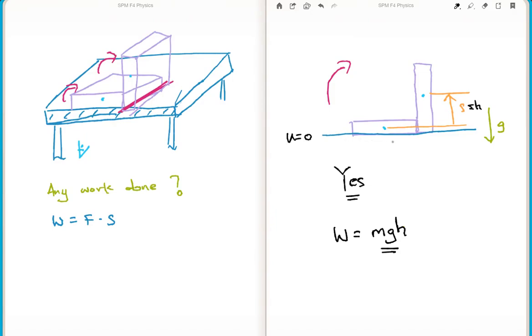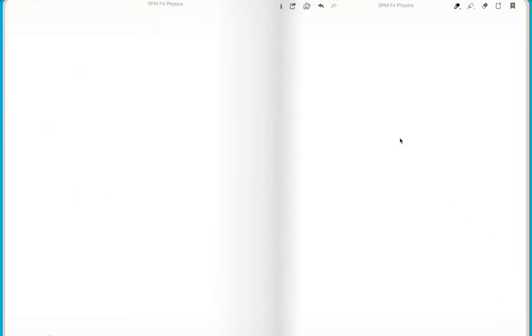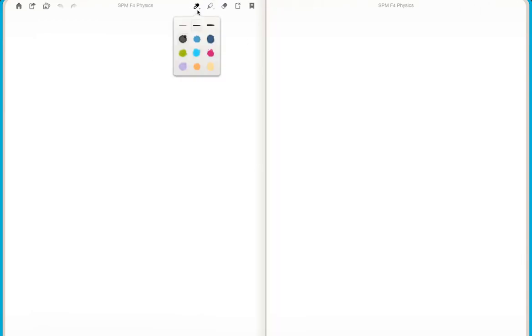I define the table as 0. The potential increases by a distance h. So there's an increase of potential, a special unit case. Then the rest will be quite easy already, because you have got the idea.